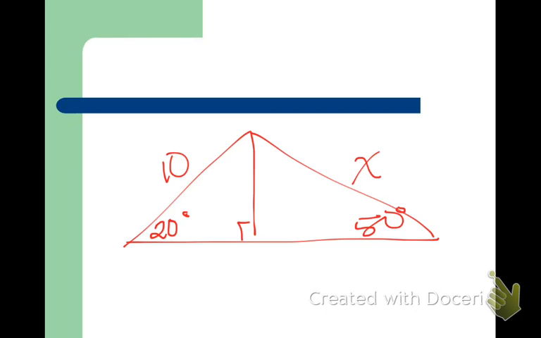If we're looking for this side here, we could have used the sine of 20 to find, let's call that y. And then we could use sine again from the 50 degrees to solve for x. So instead of constantly drawing this middle line in here, we just recognize that there's a relationship between the sine of 20 and the side across from it, like there is between the sine of 50 and the side across from it.